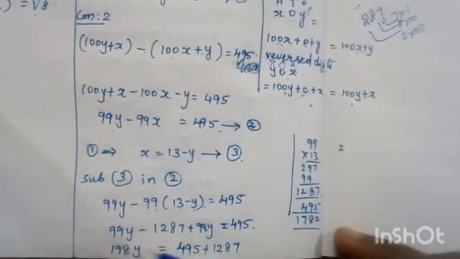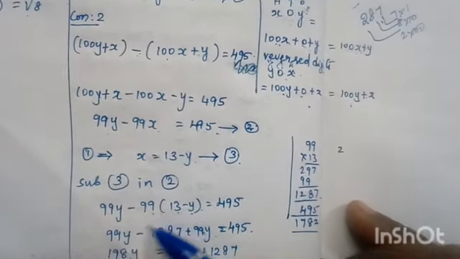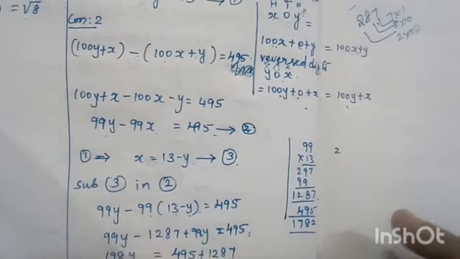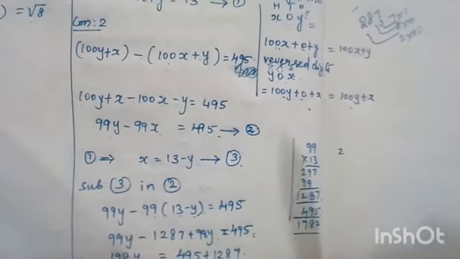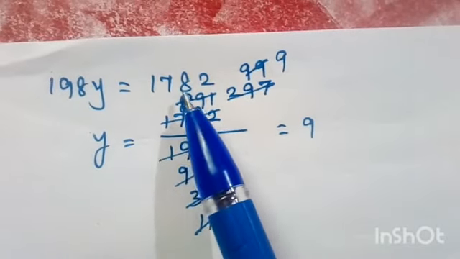Add these two: 198y. Transposing, 495 plus 1287 gives 198y equal to 1782.